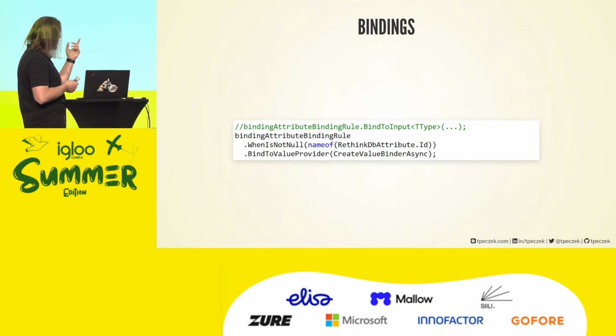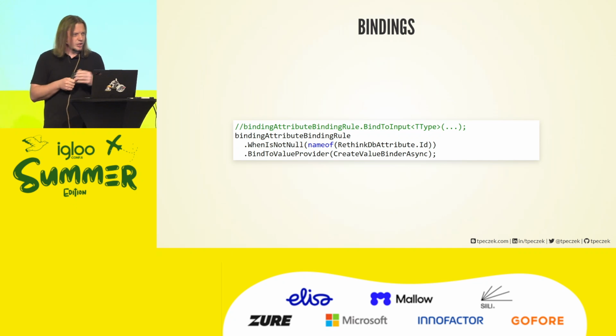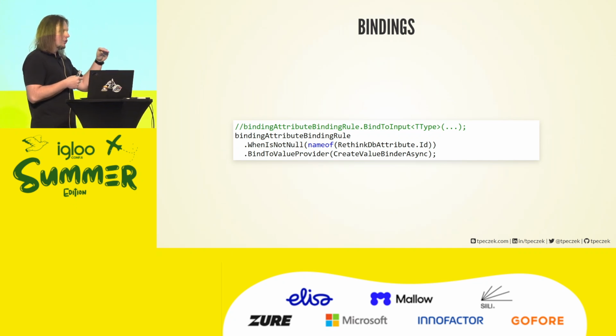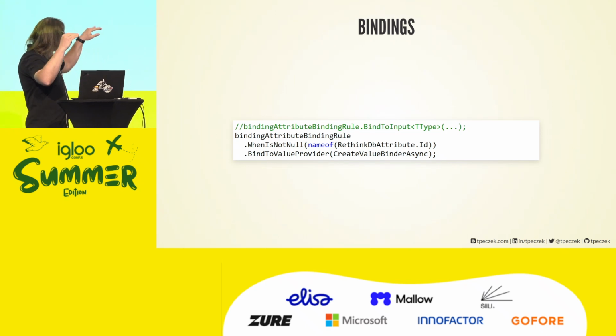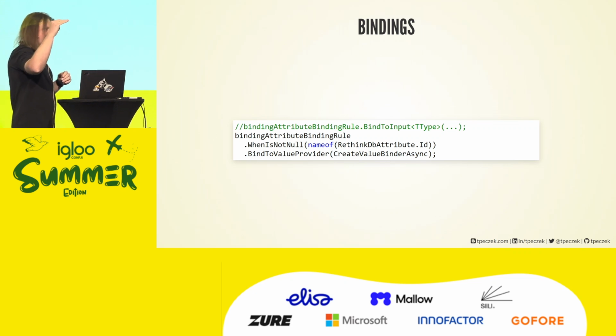The registration for a generic factory, that first one, bind to input, requires providing a generic type parameter. And Azure Functions will use that type parameter to actually validate if the binding can be used for a specific function definition. That means this parameter provided here must somehow match the parameter used on the function.